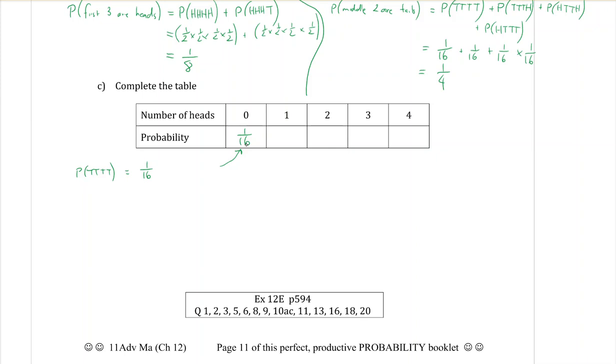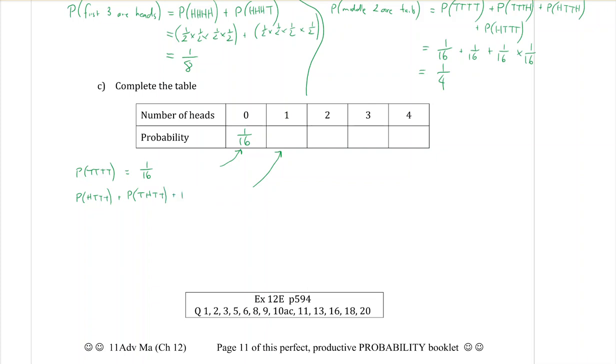Then, if I want 1 head, how many different possibilities are there? Well, that means that 3 of them have to be tails, and I have to put all the different places where the head could go. So the head could be first, so it could be head, tail, tail, tail. Or I could move it down one, and it could be tail, head, tail, tail.